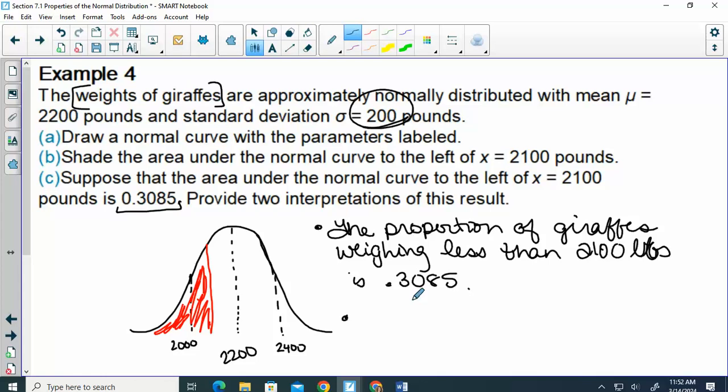Okay, so you could talk about it on the flip side. We know that the total is 1. So you could also say that 69.15% are more than this. If we're talking about our giraffes, how else can we interpret it? What else is true?